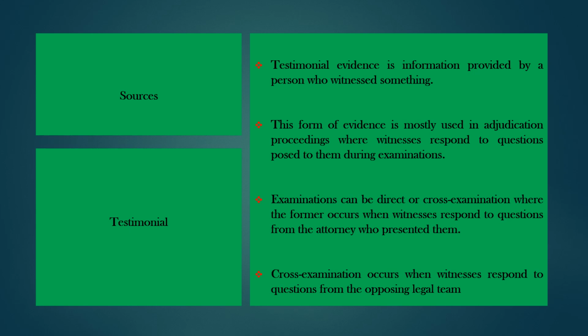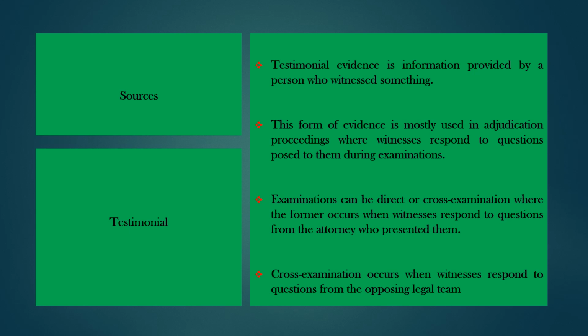The other source of evidence, and which is the last in terms of this discussion, is what we call testimonial. A testimonial is evidence, is information provided by a person who witnessed something. And this form of evidence is mostly used in adjudication proceedings, where witnesses respond to questions posed to them during examination.